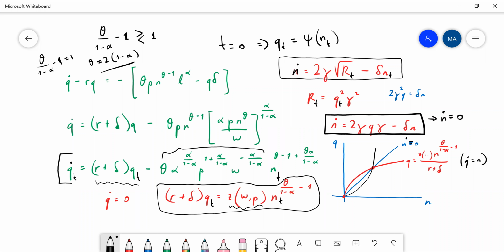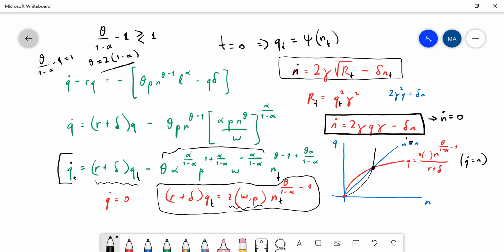So in general, either it is greater than 1 or less than 1, so either it is convex or concave. If it is concave, there is just one steady state here. If it is convex, there is again some steady state somewhere here. Now the question becomes, what are the dynamics here?